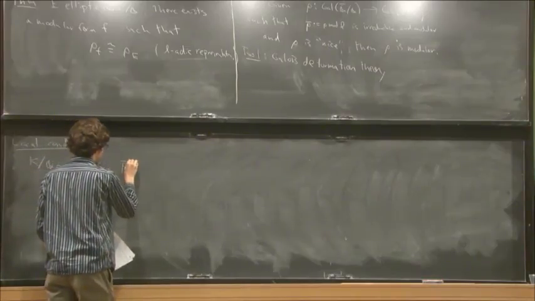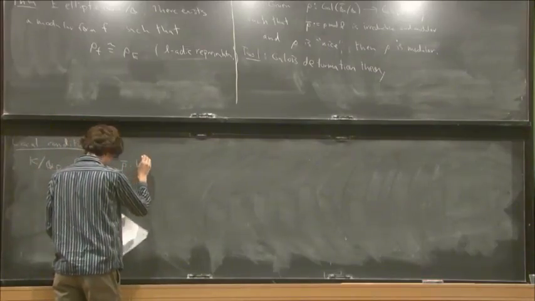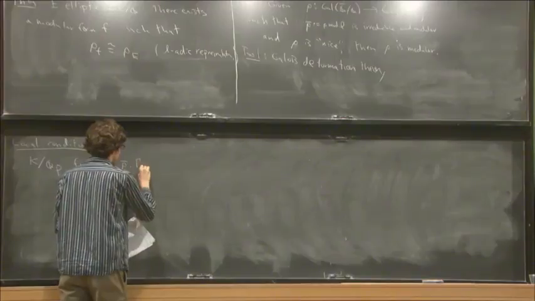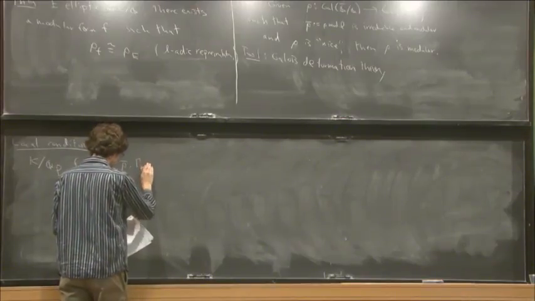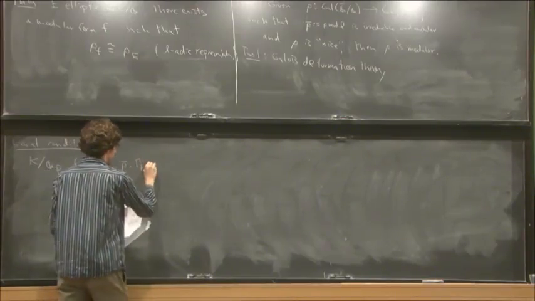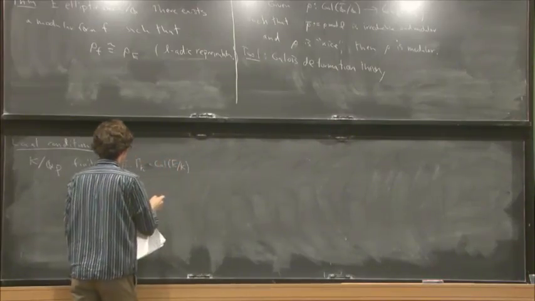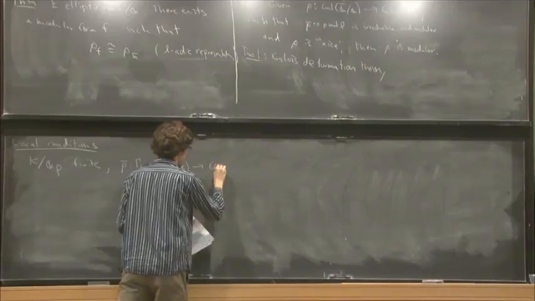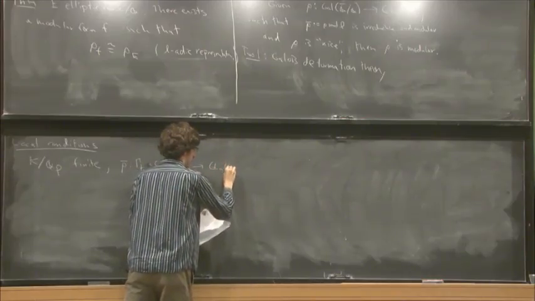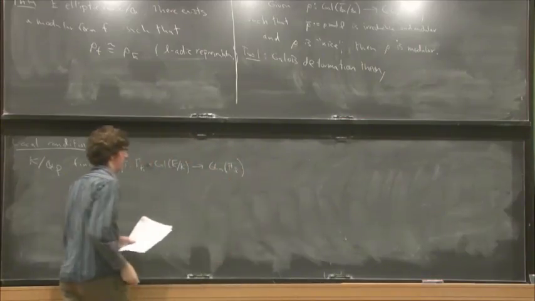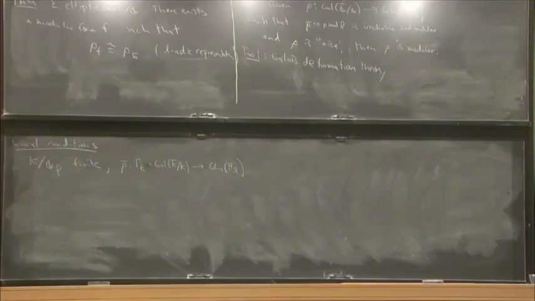And then I'm going to fix a residual representation rho bar of the absolute Galois group of K into GL_N of F_L, or it could be some finite extension. Doesn't matter.